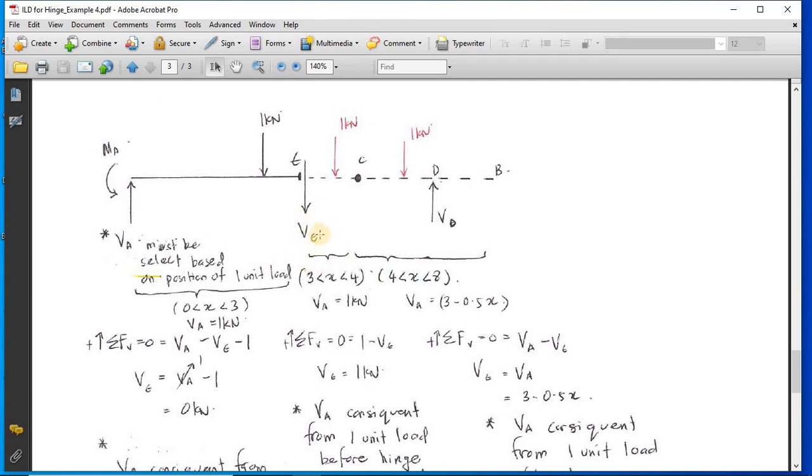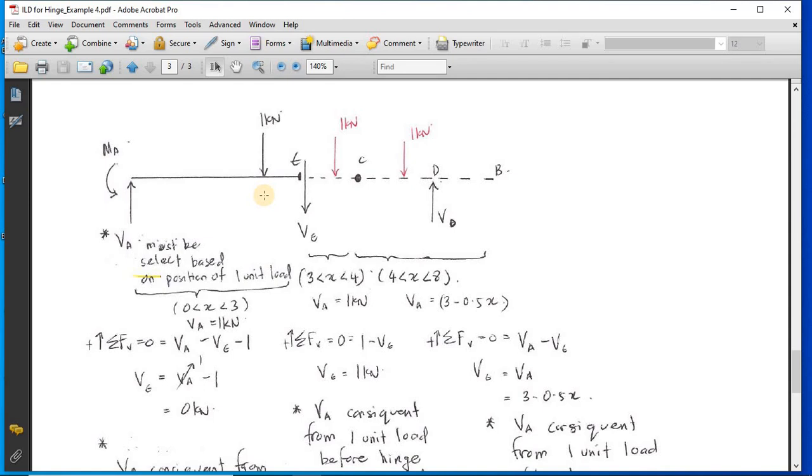Basically, we have seen that when you apply the one unit load before the hinge and after the hinge, this results in different values of reaction at the support. Before the hinge, we have one set; after the hinge, we have a second set.